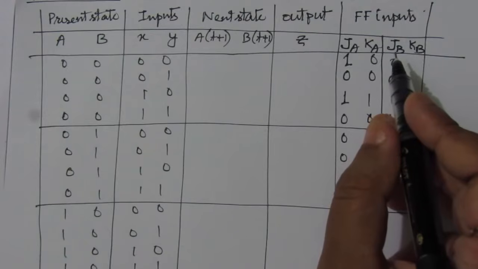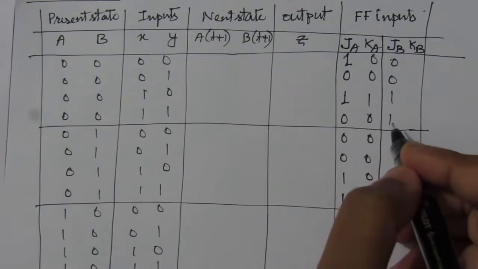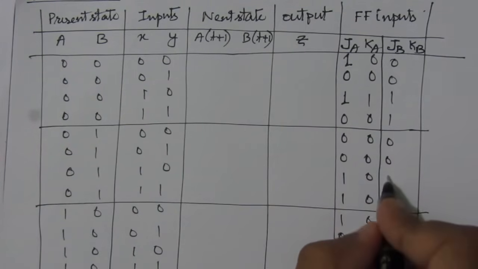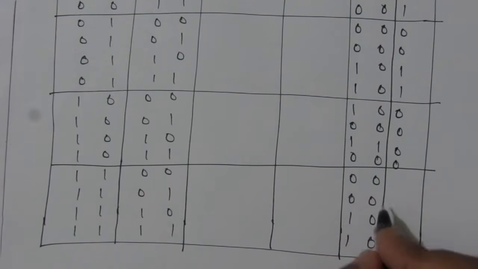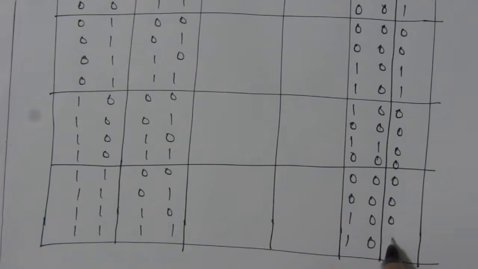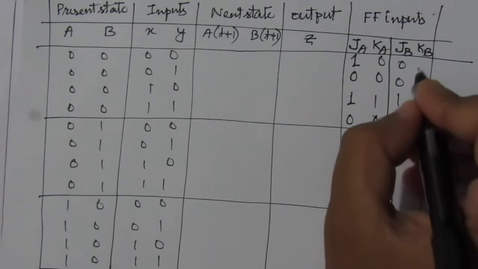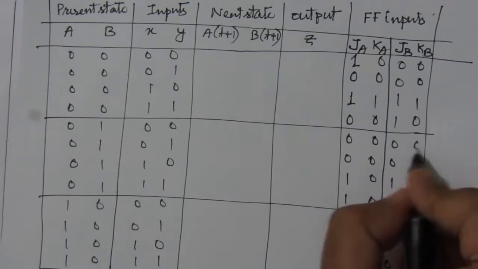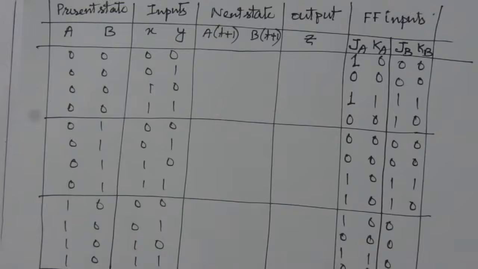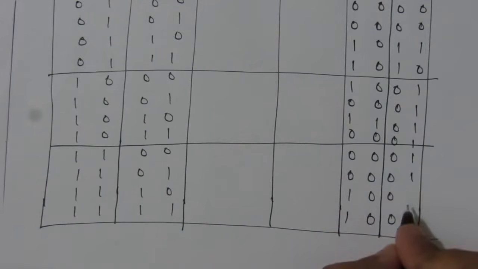The JB equation is A complement into X, A bar X. So using that equation, I found these JB values: 0, 0, 1, 1, 0, 0, 0, 0, then 0, 0, 0, 0. The KB values will be 0, 0, 1, 0, 0, 0, 1, 0. Next, all the other values are 1.